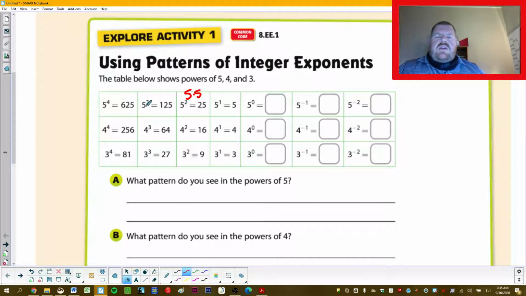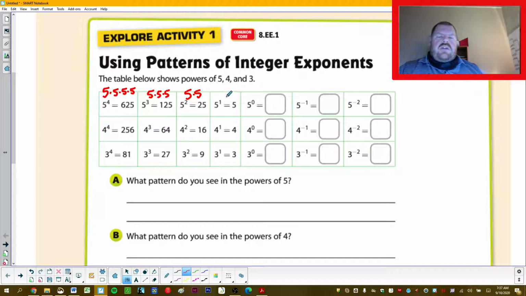And then we think about what the exponent part means to give me 125. That's 5 times 5 times 5. And 5 to the 4th, which is 625, is made from 4 5s being multiplied together, because that's what exponents mean. They mean multiply that number by itself that many times.